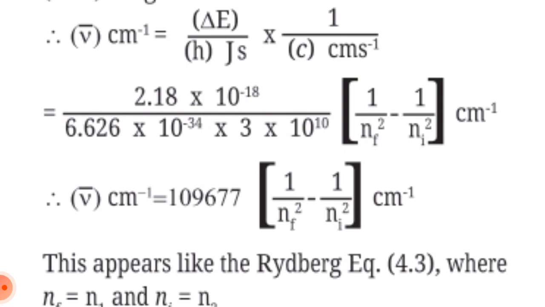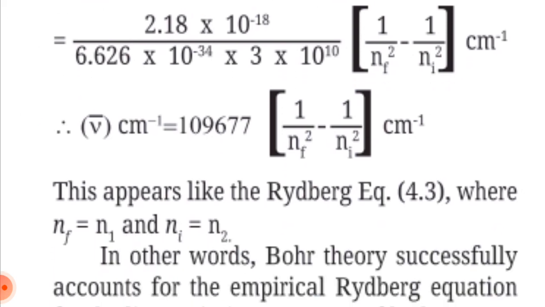upon h joule multiplied by c, which is equal to 2.18 × 10 raised to minus 18 upon 6.626 × 10 raised to minus 34 multiplied by 3 × 10 raised to 10, (1 upon nf square minus 1 upon ni square) per centimeter.